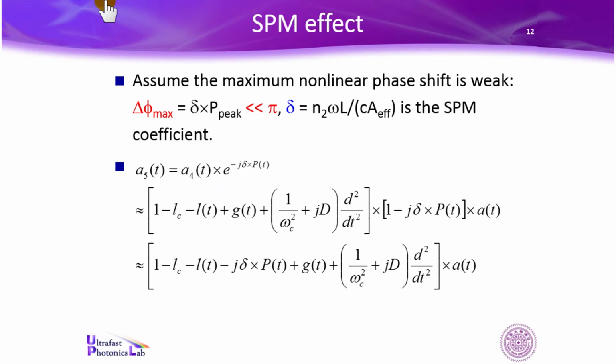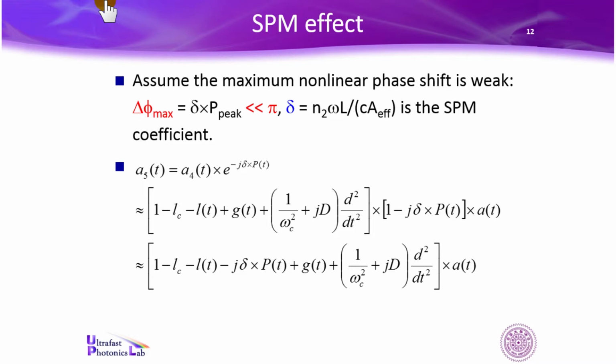Due to the assumption that even the maximum Kerr phase shift is still much smaller than pi, we can use a first order Taylor series expansion. So we have this new relation: the phase modulation term is replaced by 1 minus j delta times p of t.